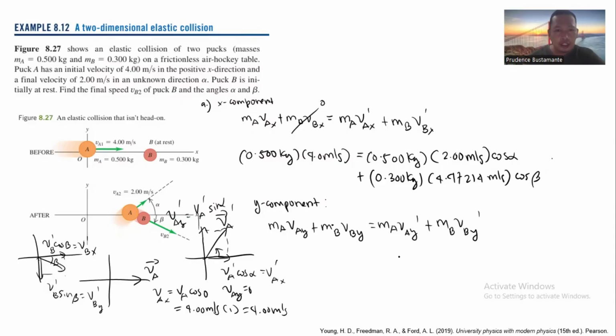Since B is at rest, its initial term is 0, and since A initially has no y component, this is also 0.